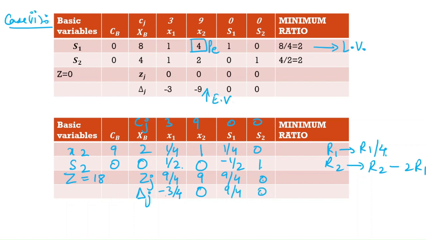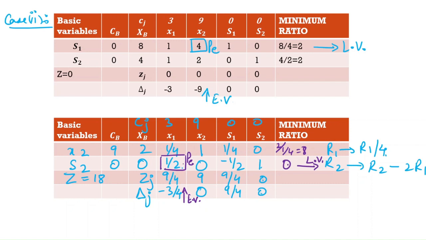So we'll be taking this as our entering variable, and we can decide what the leaving variable will be. This would be 2 upon 1 by 4, that's 8, and this is 0 we are having here, so this is 0. So this is the leaving variable, and the entering variable would be x1, so s2 is the leaving variable, and this would be our pivot element.